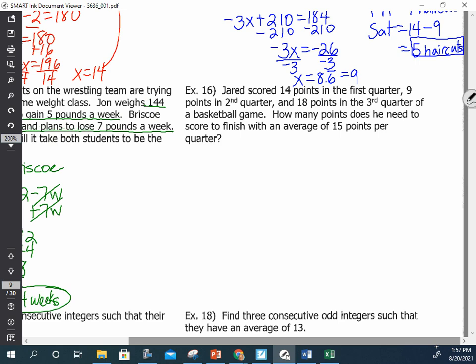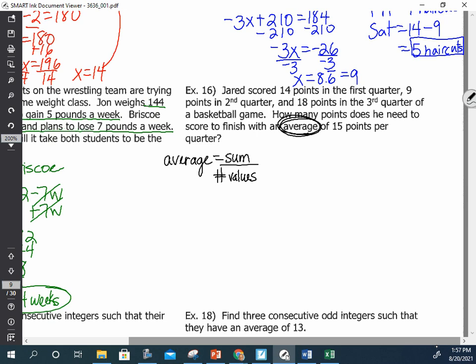So he wants to average 15 points a quarter. Think about what it means to take an average. To take an average, we take the sum divided by the number of values you have.